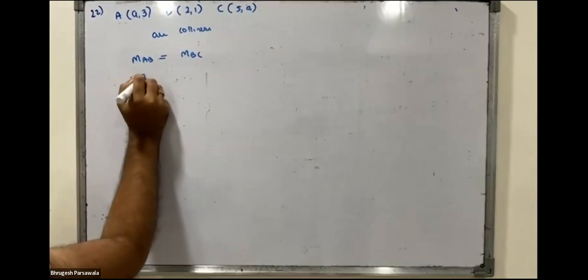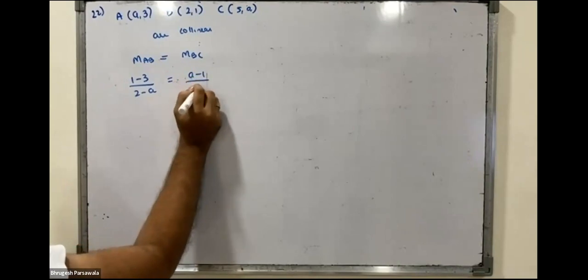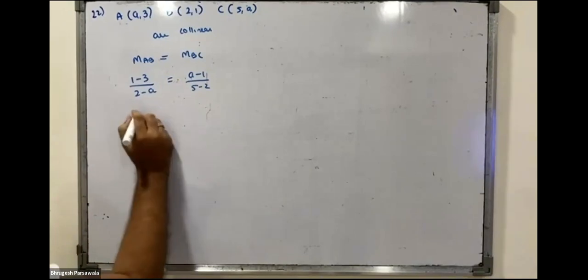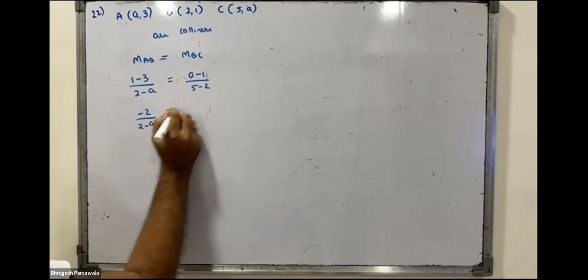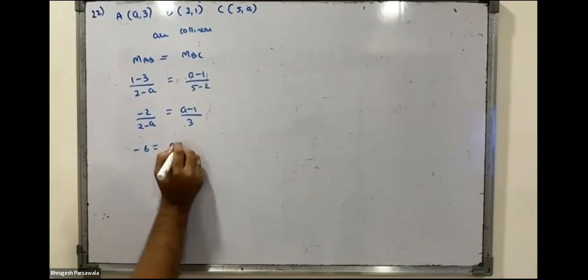So the slope of AB, (1 minus 3) upon (2 minus A), equals (A minus 1) upon (5 minus 2). Minus 2 upon (2 minus A) equals (A minus 1) upon 3. Cross multiply.